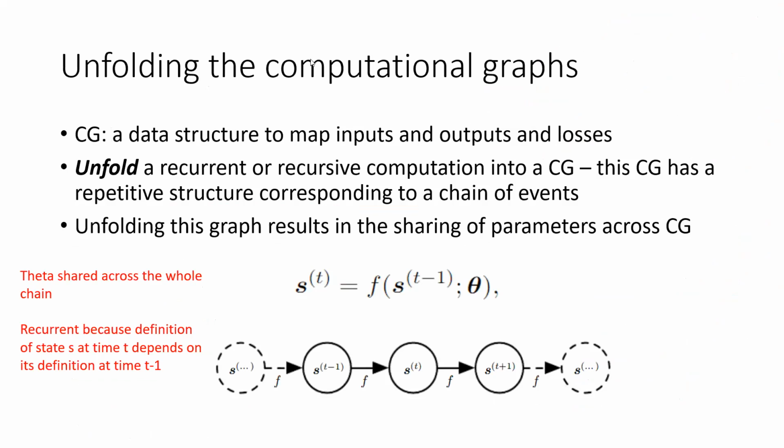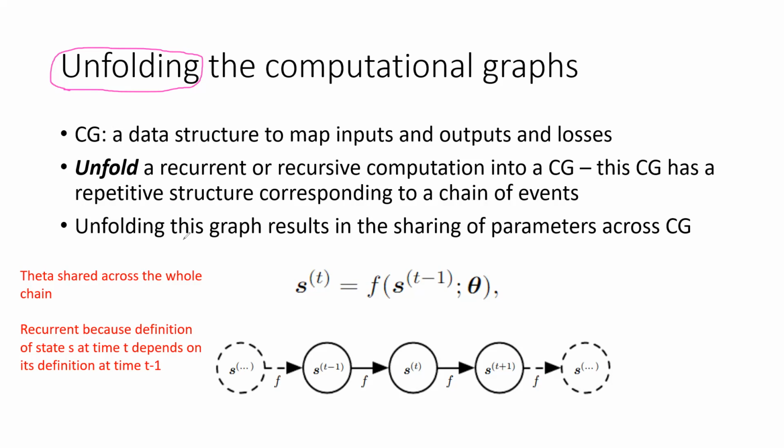Okay, so I hope that up to now the basic concept is clear. I told you that what we have to do is unfold the computational graph. Unfolding basically means that we create, replicate or copy and paste the same architecture over different timestamps.